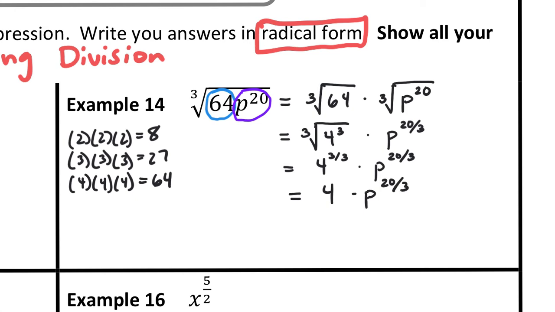This is where the long division starts. The reason I know we're going to do long division is if the numerator can be divided by the denominator, if 3 can go into 20, and also if they're asking us to simplify.